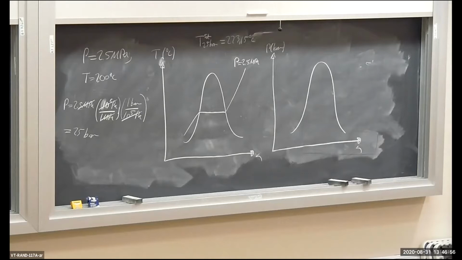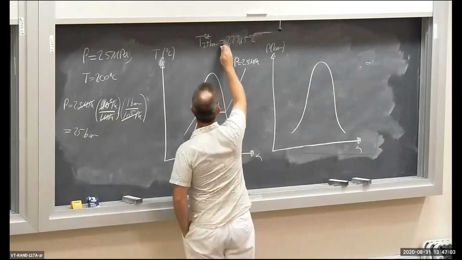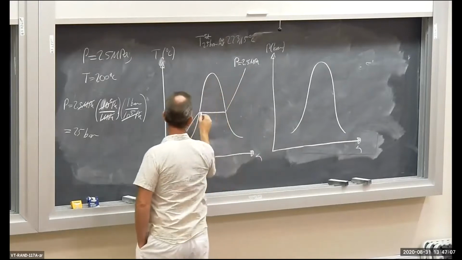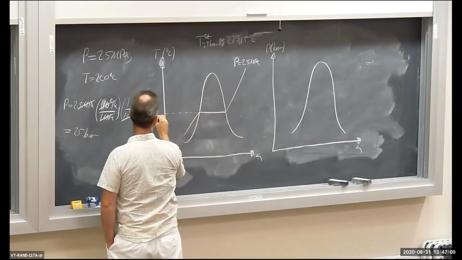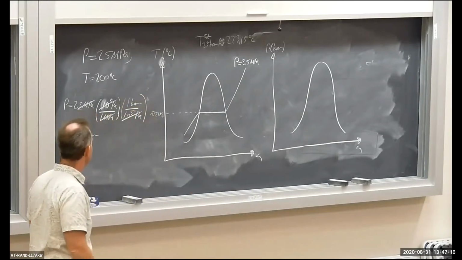We're right smack dab in the middle between two data points. So this guy is approximately 223 degrees C.